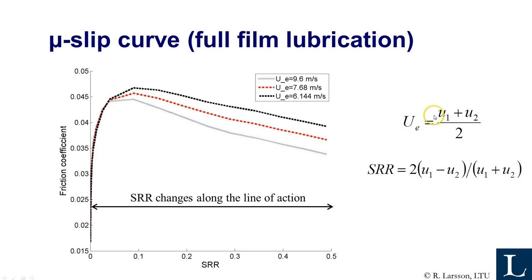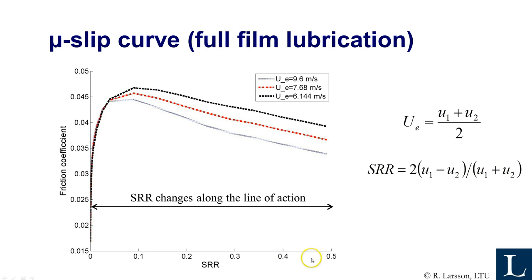So if one surface is moving with U1 and the other one with U2, the average speed or the entrainment speed is simply the average of the two velocities. The slide to roll ratio is the ratio between the speed difference and this average speed.